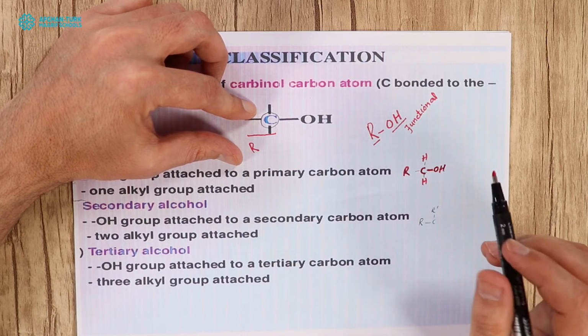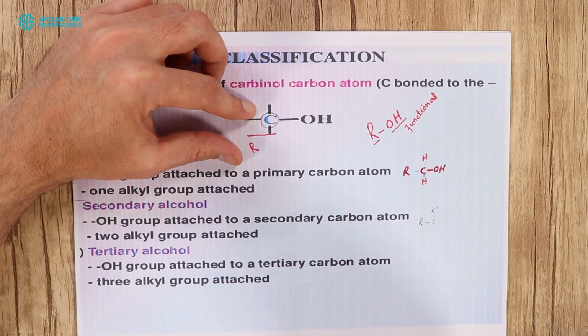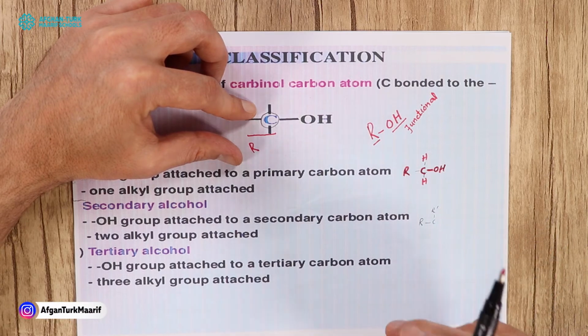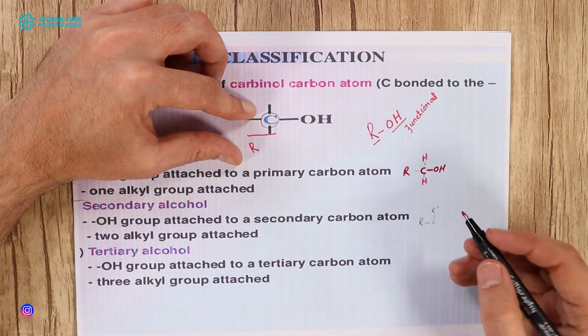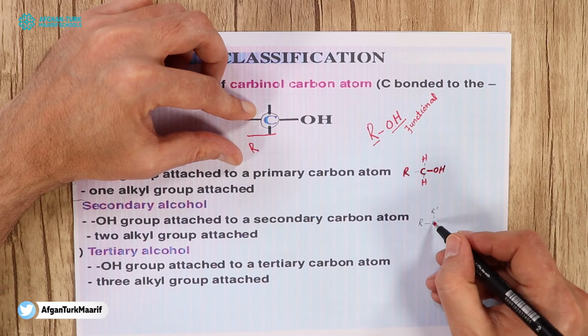Secondary alcohols: a secondary alcohol is one where the carbon atom bearing the OH group is attached to two alkyl groups. Look here, this is another example.